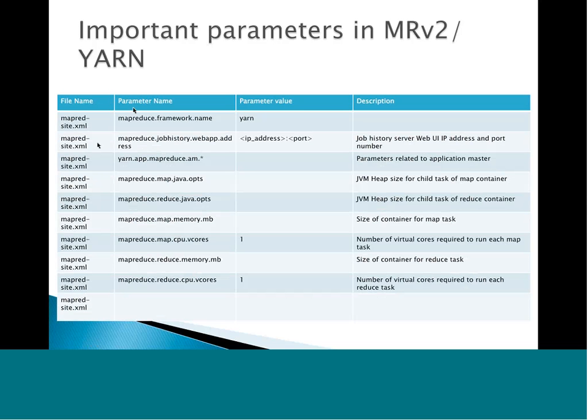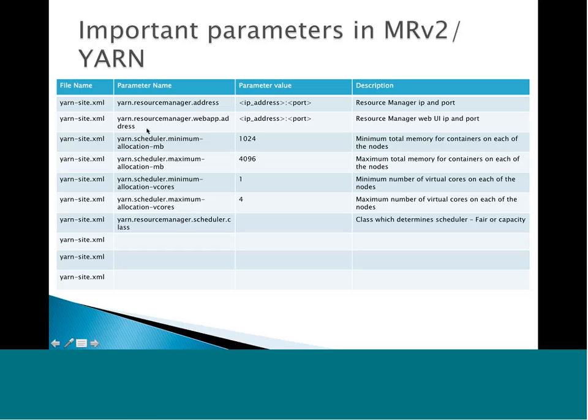So most of the parameters that are related to map tasks and reduce tasks will be there in mapred-site.xml, and at the server level or at the cluster level, all the parameters will be defined in the yarn-site.xml file.